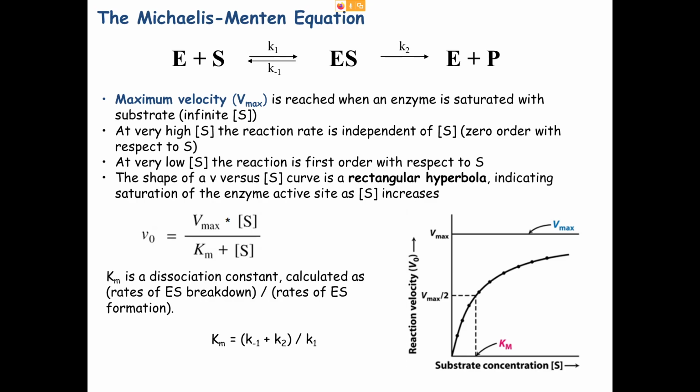And choice A always says Vmax over 2, or 1/2 Vmax. And without fail, a third of the class will pick that answer. And I'm telling you it's wrong. Don't pick it. A third of you will still pick it. Km is not equal to 1/2 Vmax. Km is equal to the amount of substrate it takes for the velocity to be equal to 1/2 Vmax. That's the right answer. Don't tell me that they're equal to each other.